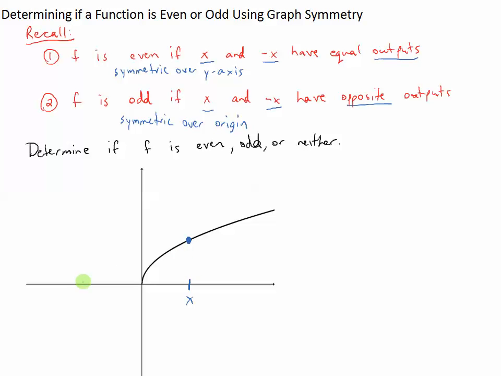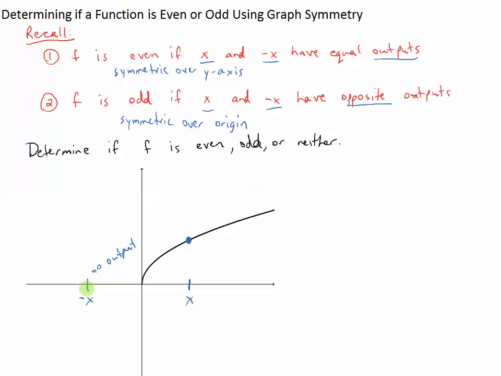Negative x, well, may be confusing, but negative x doesn't even have an output. So clearly, for a function to be even or odd, x and negative x both have to have outputs. They both have to be in the domain of the function. Negative x, no output at all.